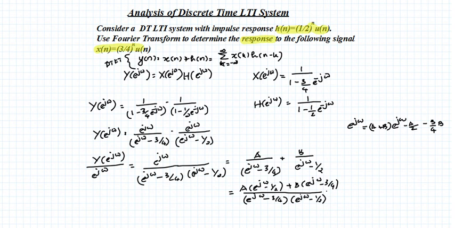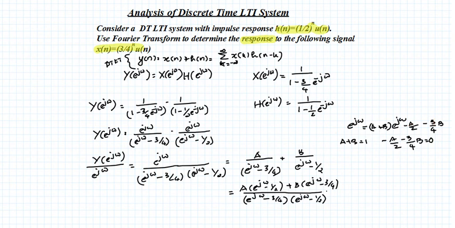So I got an equation. Now I can compare the coefficients of these two equations. The e raised to j omega coefficient is 1, so a plus b is equal to 1. Another equation I can write is minus a by 2 minus 3 by 4 b, which is equal to 0, because the coefficient of the constant term is 0.